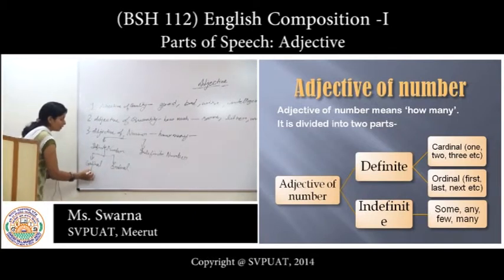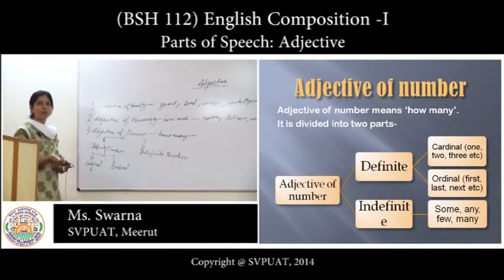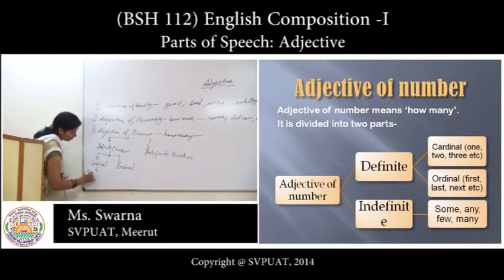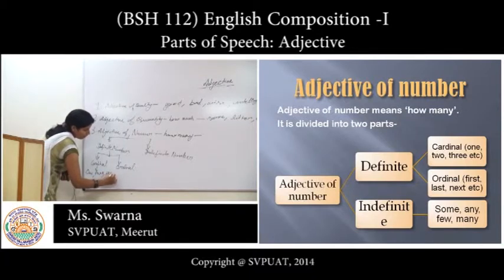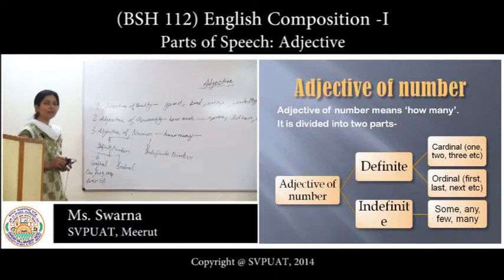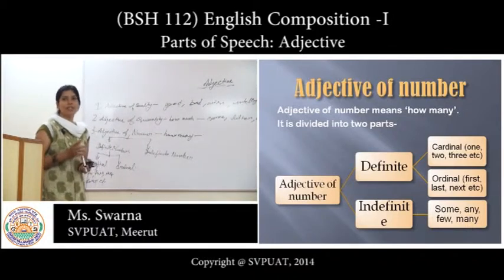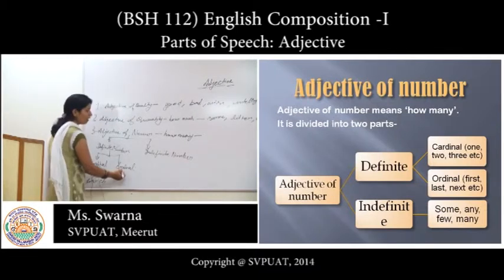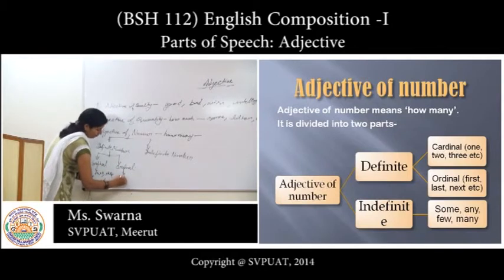When we write the numbers 1, 2, 3, 4, etc., these numbers are cardinal numbers. And when we write numbers like first, second, next, last, these are ordinal numbers.